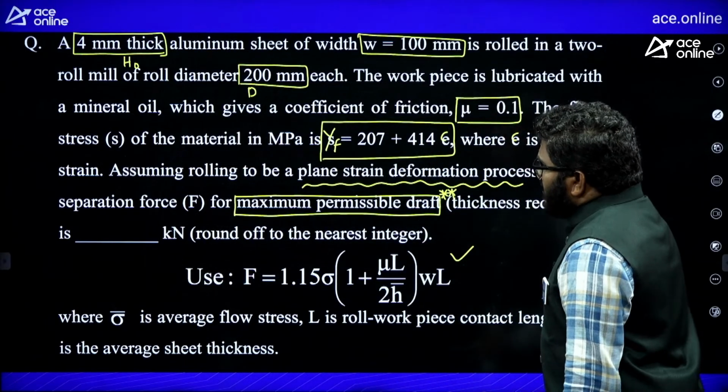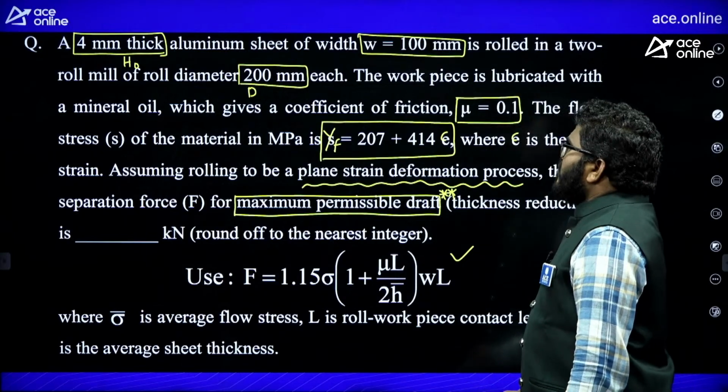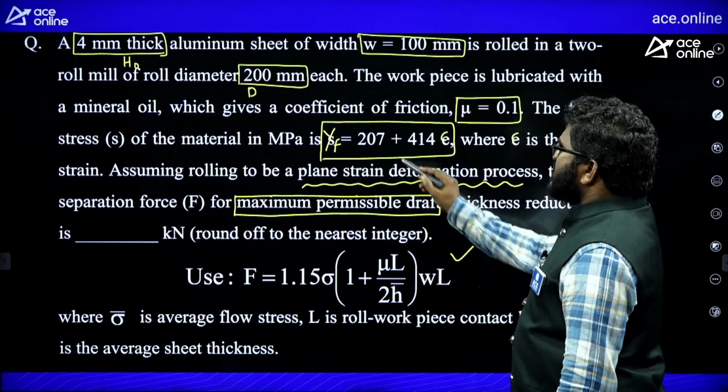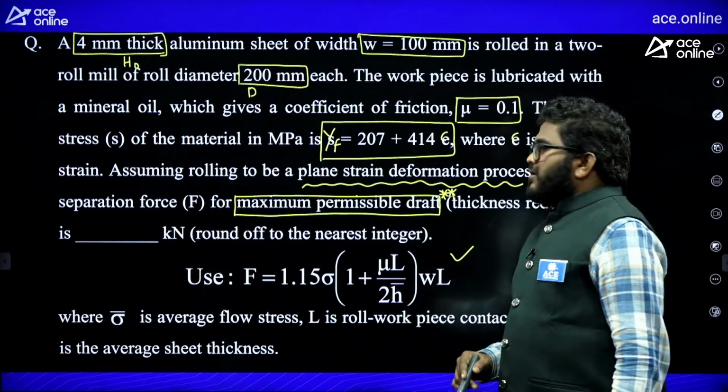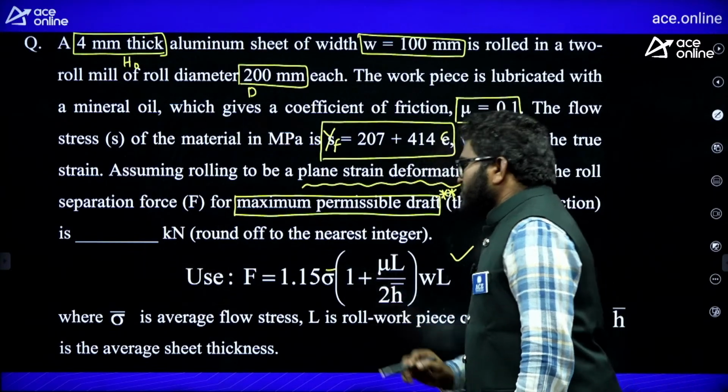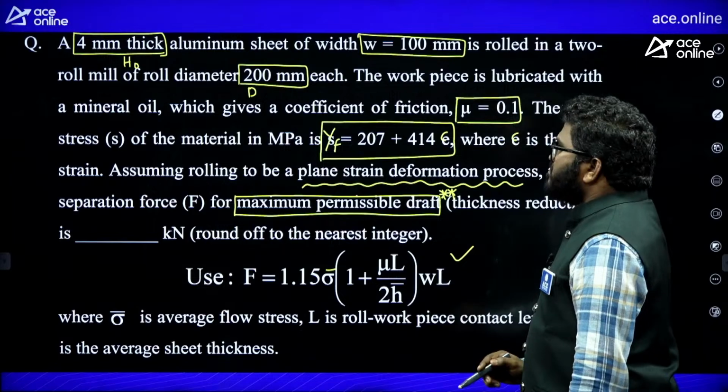Second is, in the question, the flow stress is given, but this is the average flow stress. Remember, I will write the formula.